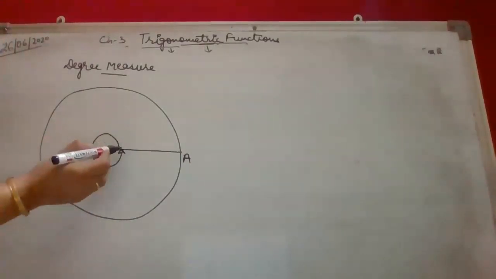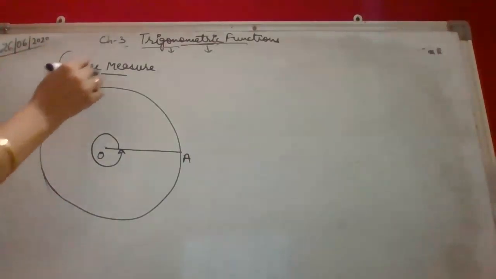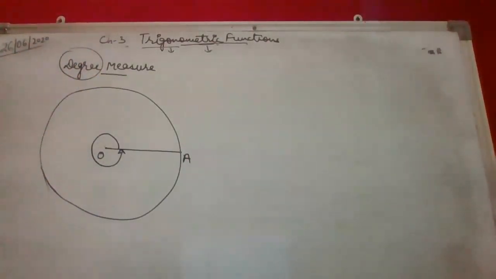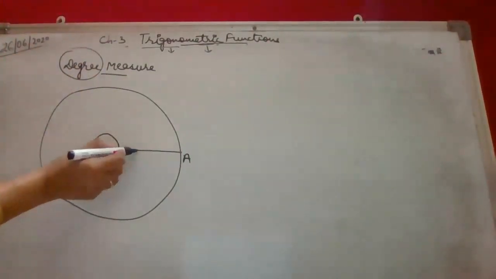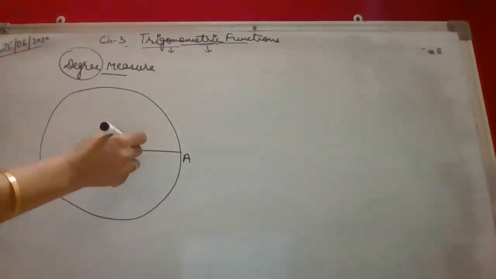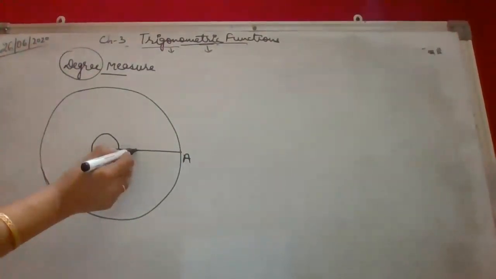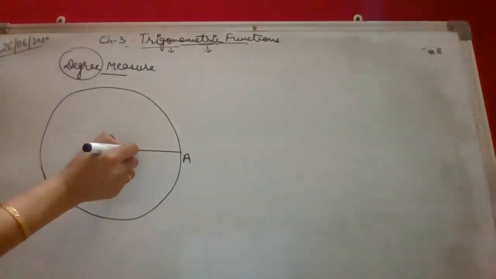When we need to find out 1 degree, initially we are taking this ray OA rotating from initial side to terminal side.